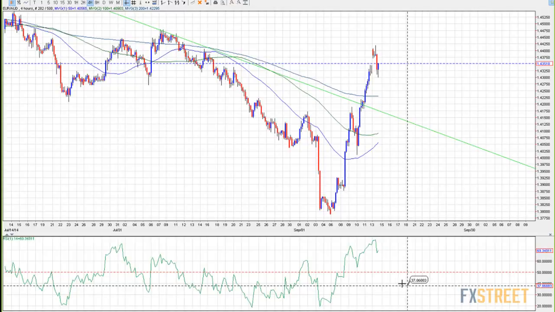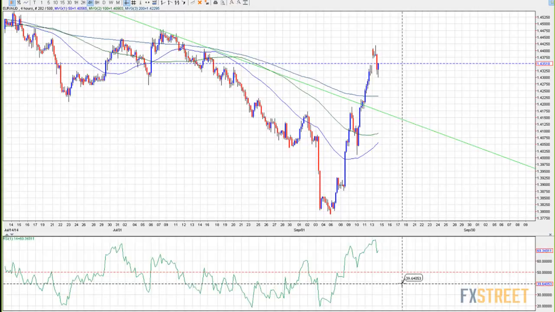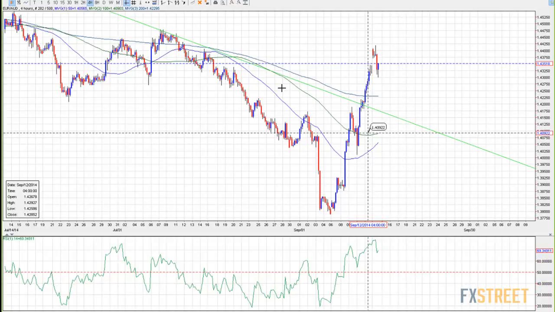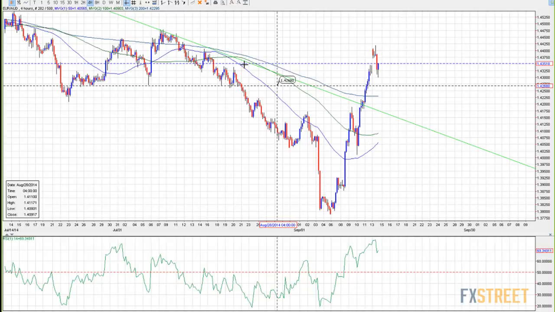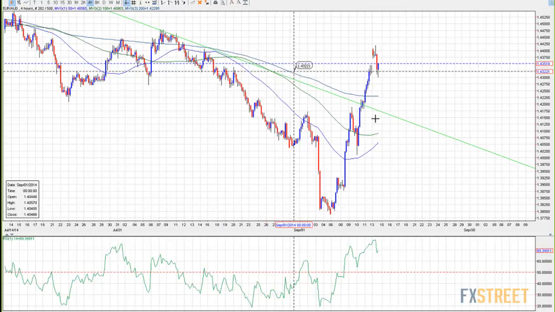So again, the Euro Aussie, just like the Euro Yen, is in a bullish breakout, but because the prevailing trend was bearish, we should expect some kind of pullback before jumping on the bullish idea.